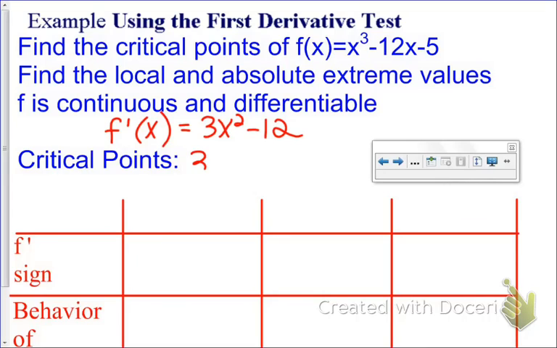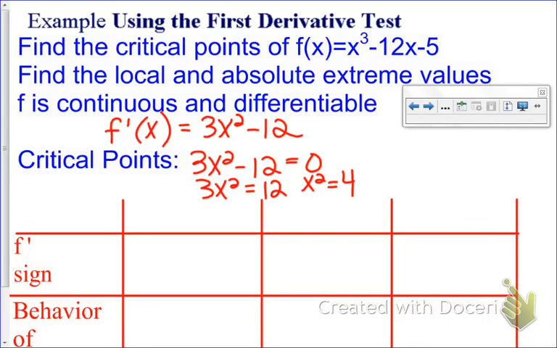Take the first derivative in this case, because it's just a polynomial, set it equal to 0 and solve it. 3x squared equals 12. X squared equals 4. What are my two values I get for x? We have two critical points.